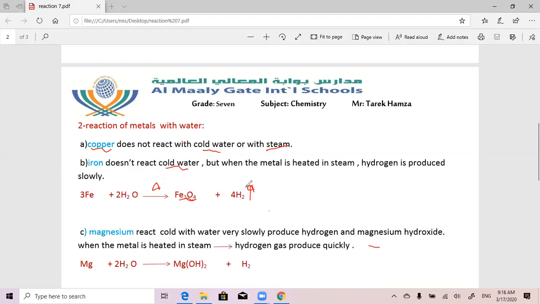So iron doesn't react with cold water, but reacts when heated in steam. In this reaction, hydrogen is produced.